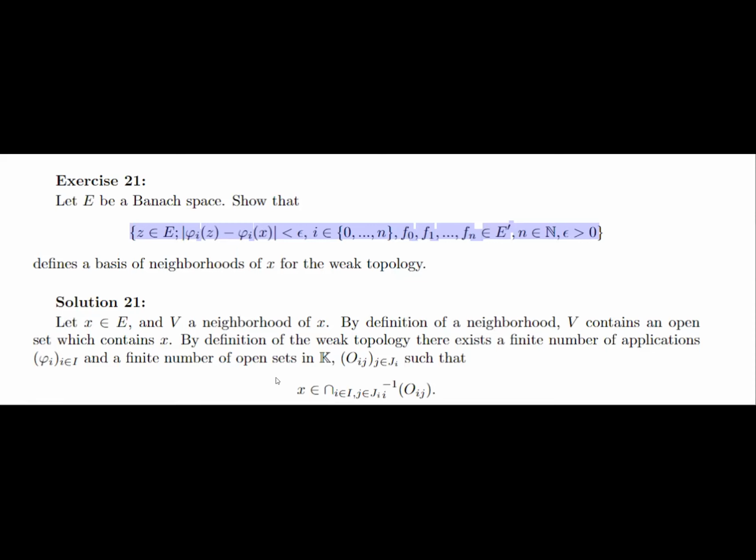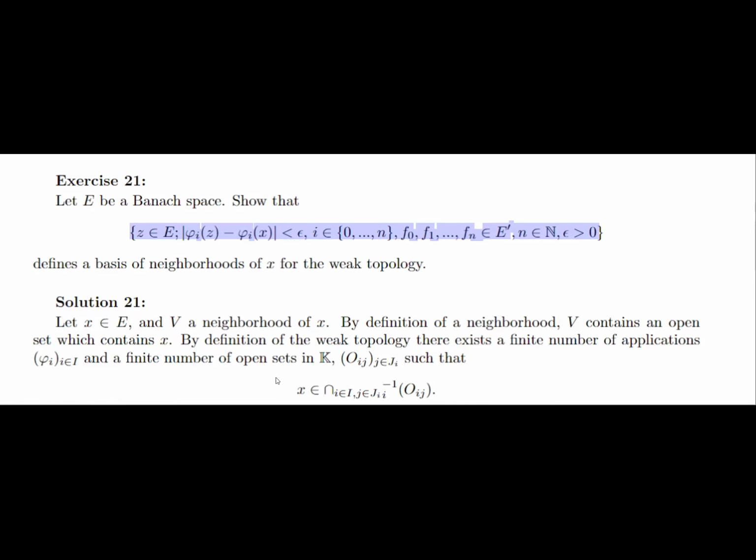I remind you that the open sets of the weak topology write as unions of finite intersections of phi i inverse of Oj, where phi i is a linear continuous application and Oj is an open set in K.